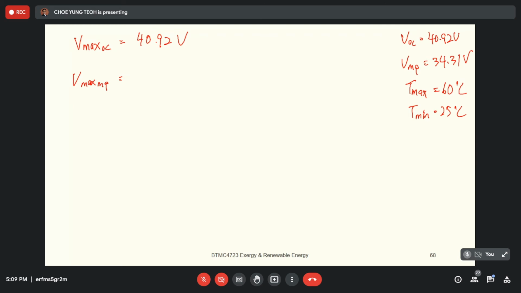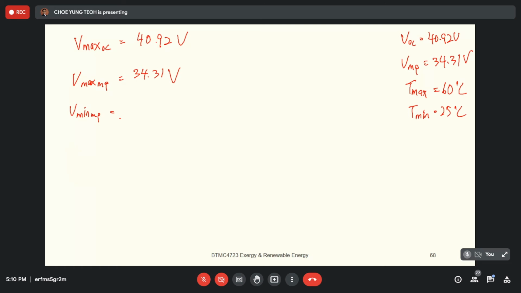Okay, same thing. Maximum voltage is at the minimum temperature of 25 degrees Celsius. So it actually matched with the standard test condition, so we just use the value here, 34.31 watt. Okay, and then V minimum MP.